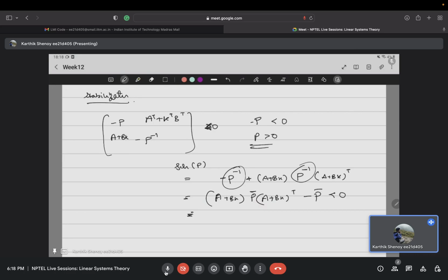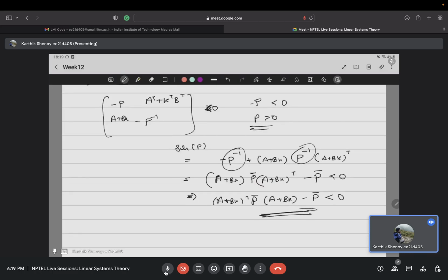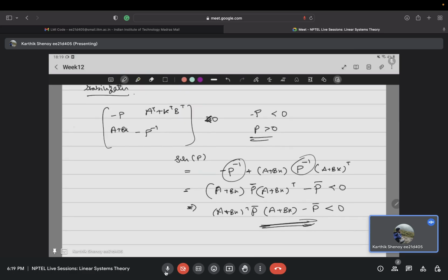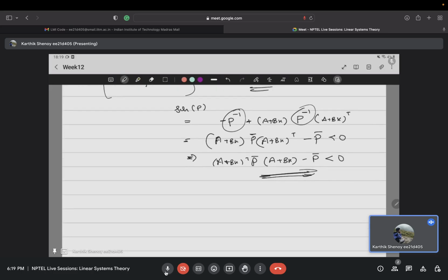So this is the same as writing A plus BK transpose P bar, since I am just taking the transpose here, minus P bar is less than 0. So taking the transpose does not change this negative definiteness, okay, because everything is symmetric in this case. Okay. So that is for the stabilization, but I will call this M2. M2 is still not a linear matrix inequality.